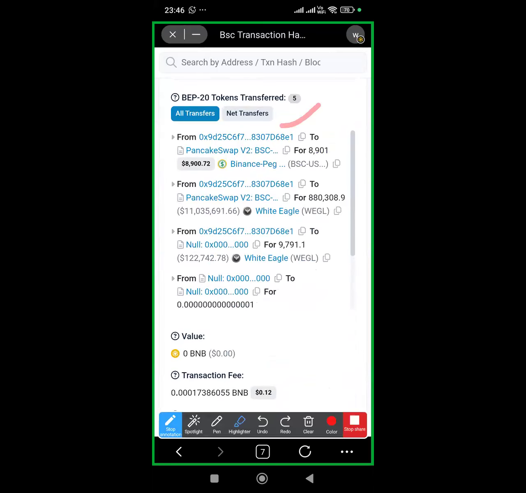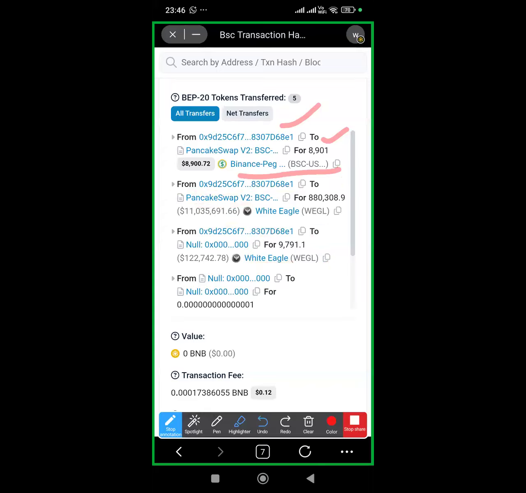He gave liquidity of $8,900 on Binance Smart Chain, BSC. To whom did he give it? From this address to this one, this was the liquidity given, and this address is the WEGL. From this address to this address, these tokens were moved to a null address. You can see the null address.